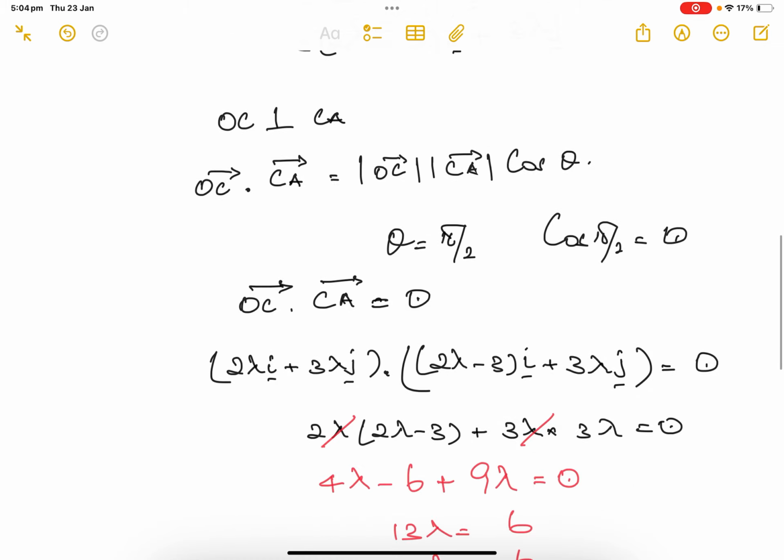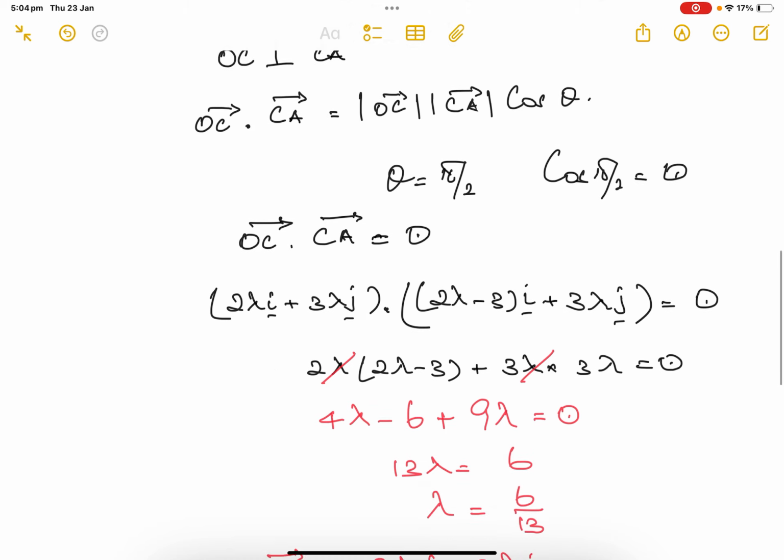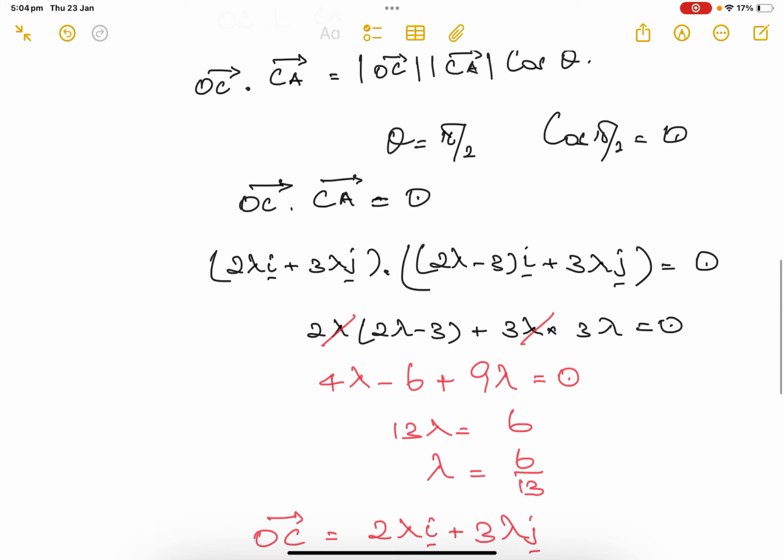Cos pi by 2 is 0. So therefore, vector OC dot vector CA is equal to 0 because the angle between those two is pi by 2. Now OC is 2 lambda i plus 3 lambda j, dot the CA vector we found, 2 lambda minus 3 i plus 3 lambda j, and that equals 0.